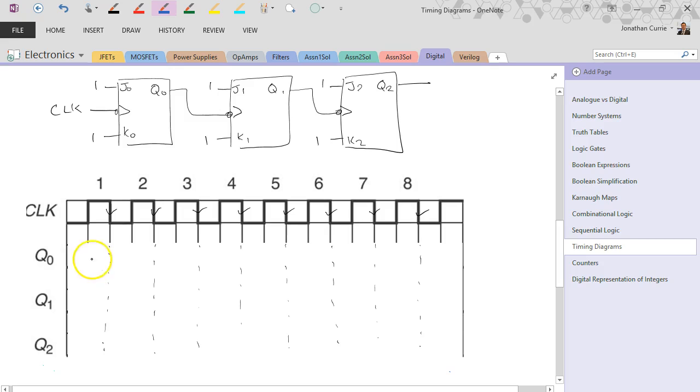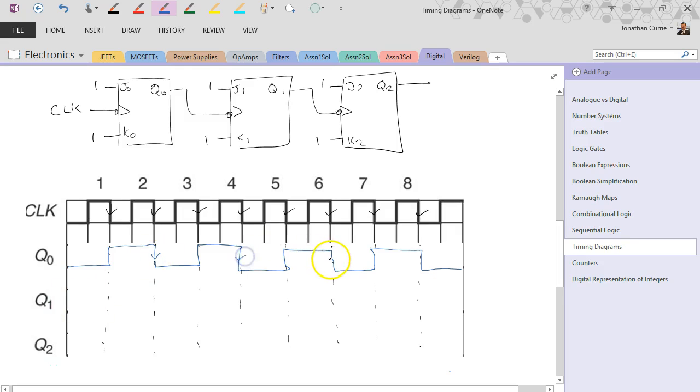So starting from Q0, we come over to the first edge, we toggle, next edge, toggle, toggle, and so forth coming through. Noting that this is half the frequency of the original clock frequency.